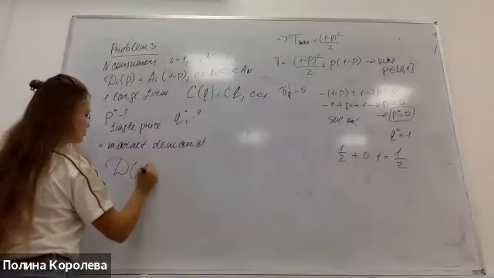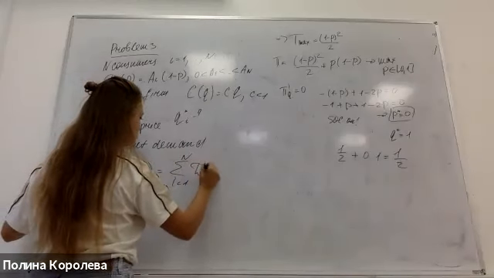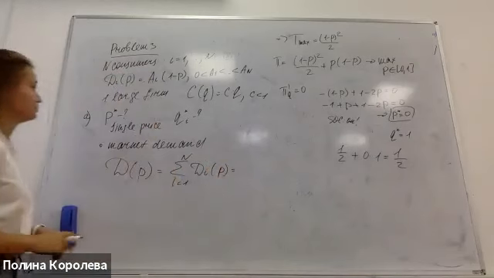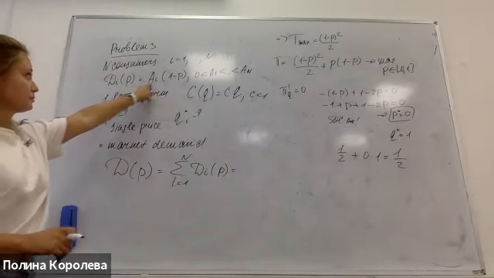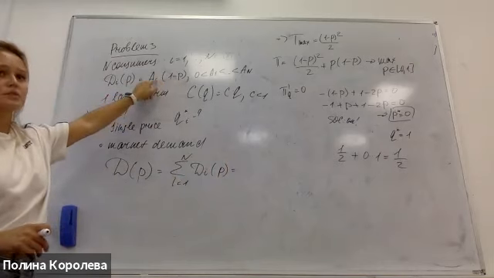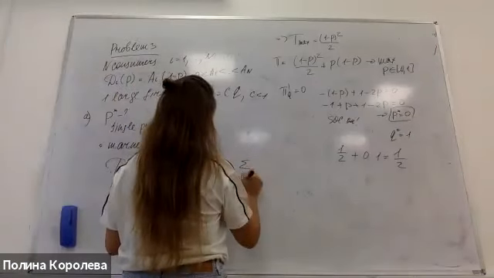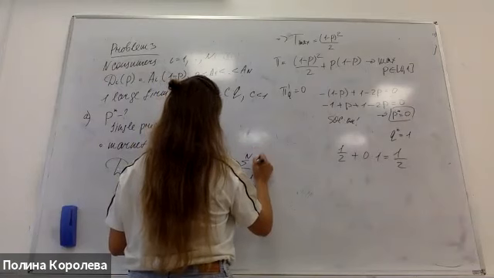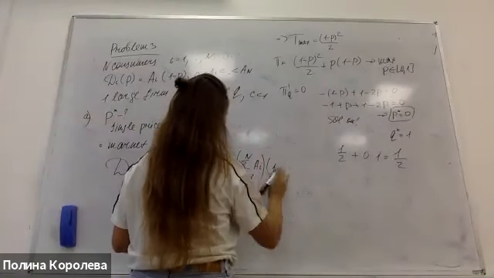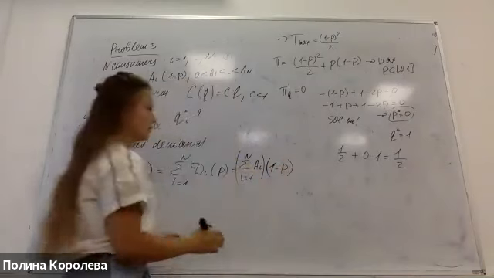Our D of P is the sum from i equal to 1 to n of individual demands. What will it be? 1 minus P is the same. We should sum up all these constants a_i. It will be the sum from i equal to 1 to n of a_i multiplied by 1 minus price.